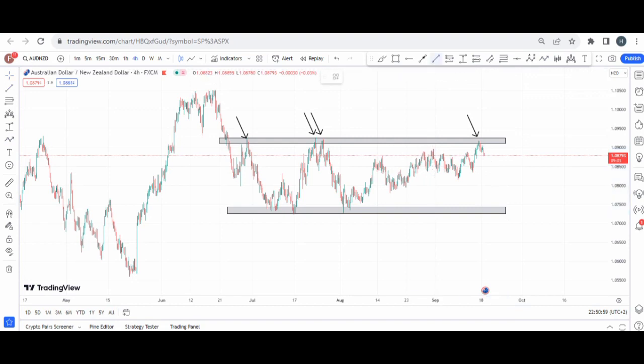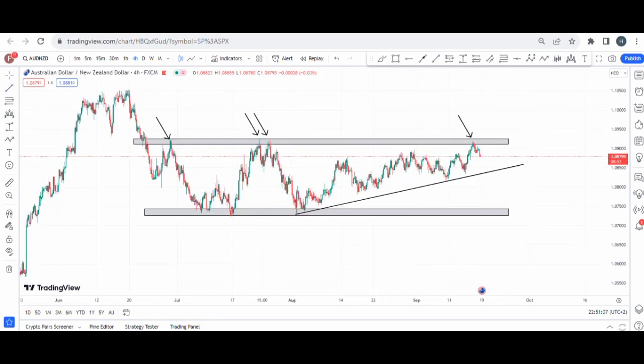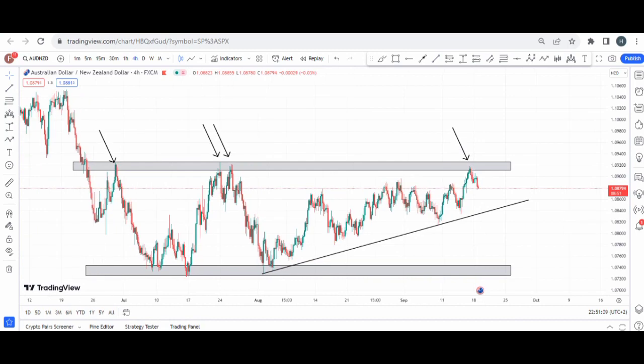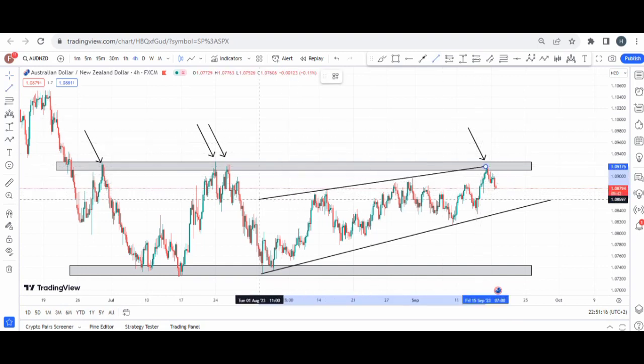But what more do we have in terms of confluence? We have this trend line that is a rising support trend line, and it is accompanied by this one. So you can find that these trend lines align perfectly.